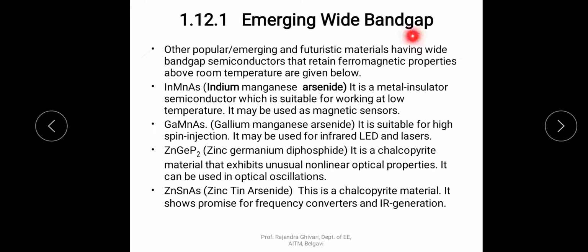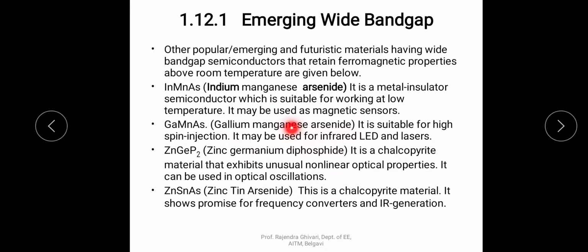Now the emerging wide band gap materials. The emerging wide band gap semiconductor materials that retain their ferromagnetic property above room temperature are given below. The first one is indium manganese arsenide. It is a metal insulator semiconductor which is suitable for working at low temperature.